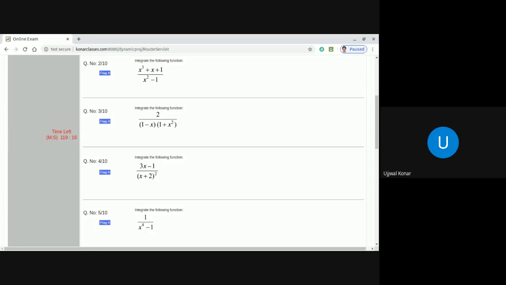If you recall, what is the rational fraction representation you can think of? It'll be a by x plus 2 plus b by x plus 2 whole square.